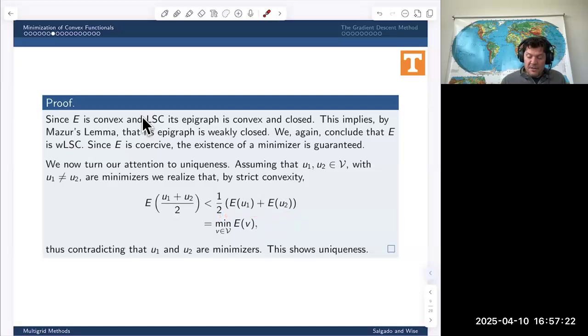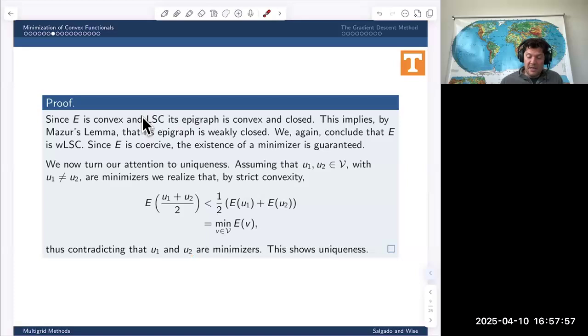All right, but each one of these is equal to the minimizer, right? They're both minimizers, and so when I add them both up, I get a minimizer. But now we found a point that is strictly beneath the minimizer. Well, that can't be according to our theory. So this shows that there's another point which is strictly less than the minimizer, which contradicts the fact that U1 and U2 are minimizers.